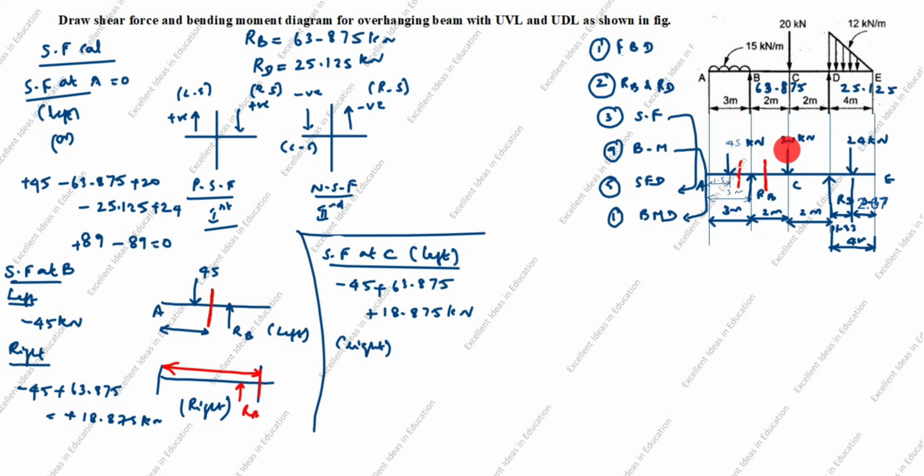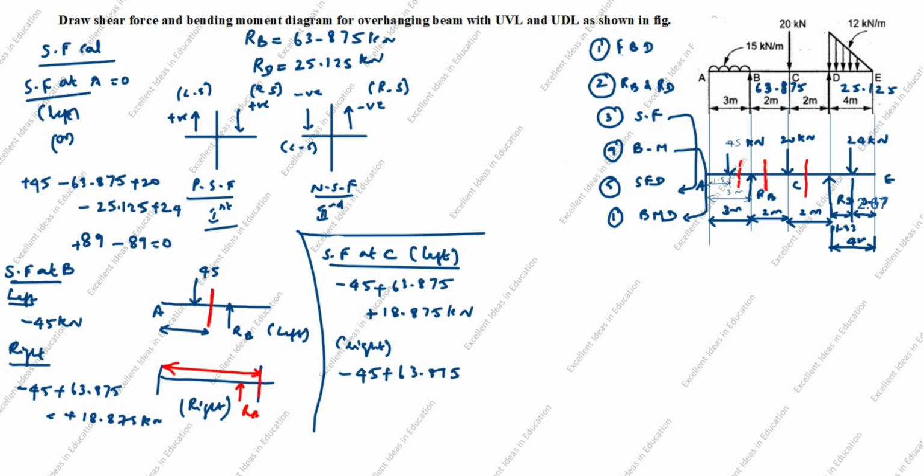Next, we will calculate right side. Shear force at C right side is up to here. From here to here, we will calculate. Up to here is the right side. You see the arrow comes down. The arrow comes down left side is negative 45. Next, the arrow goes up. Up left side is positive, plus 63.875.